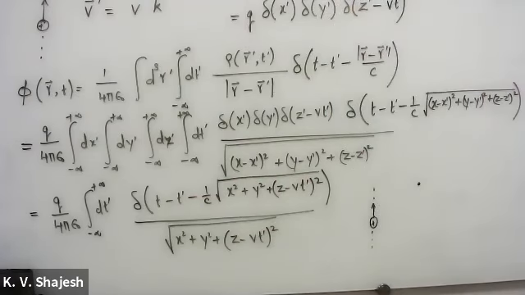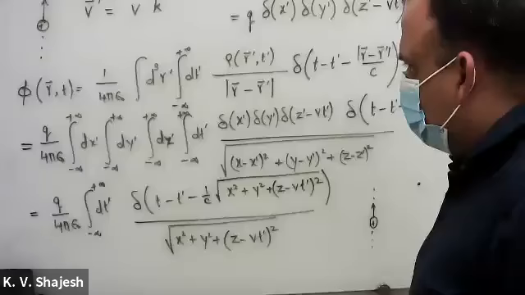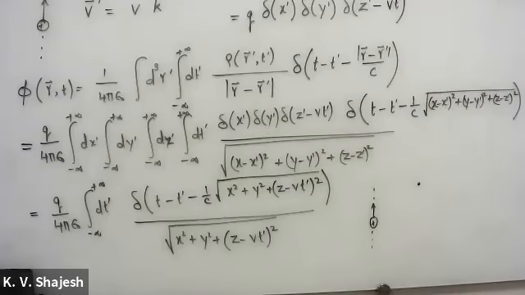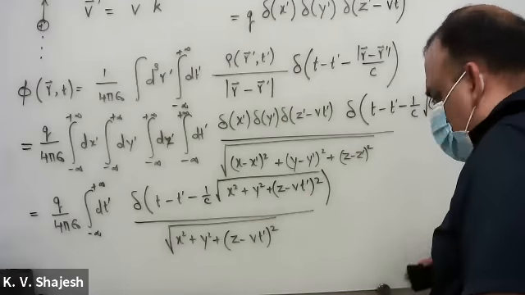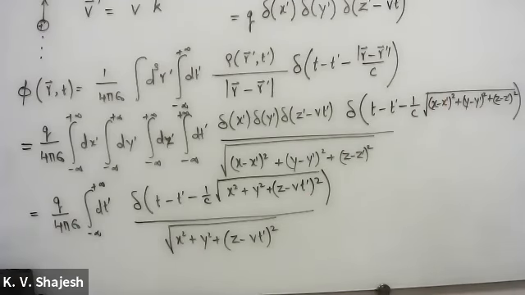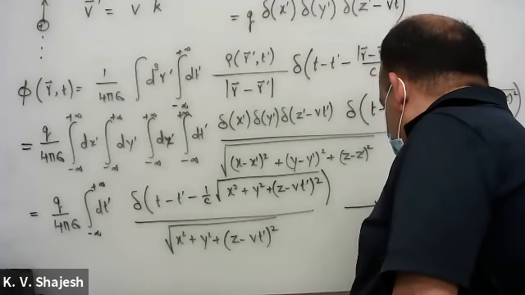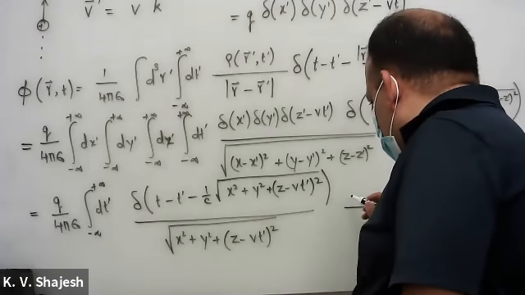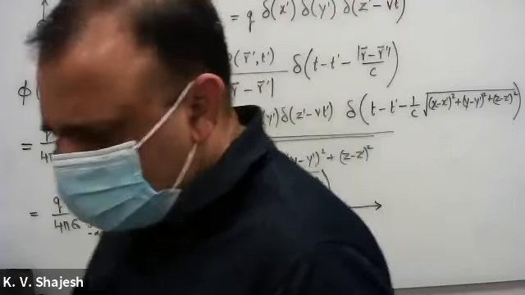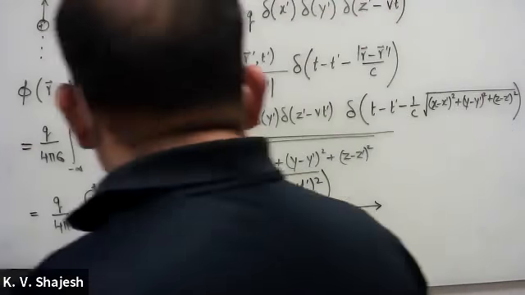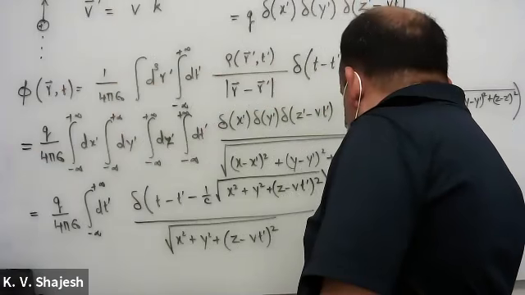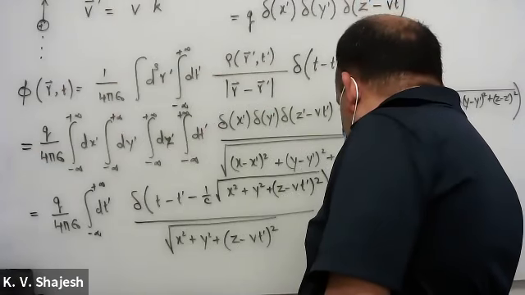But before that, let's take some simple limits here. What happens when, how can you get the static limit from here? Let's do one particular situation. Let's consider the limit c tends to infinity. Or let's make it slow, right? Static has to do with slow. So let's first do c tends to infinity.